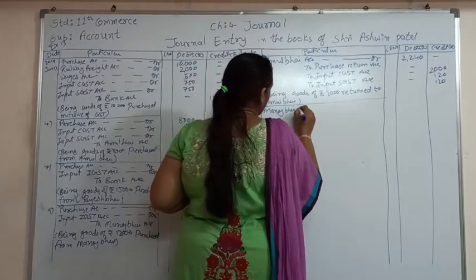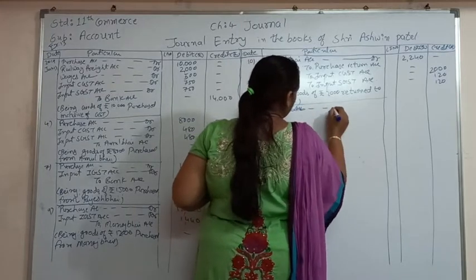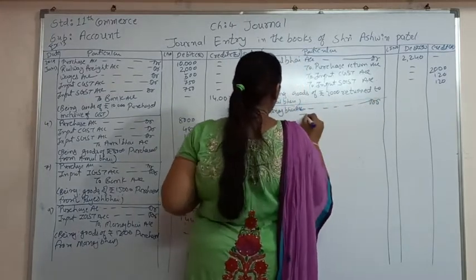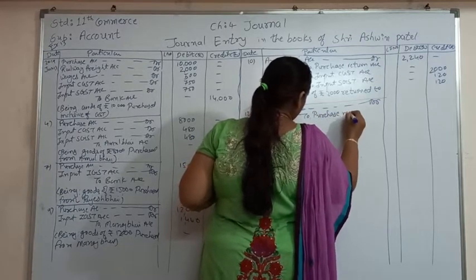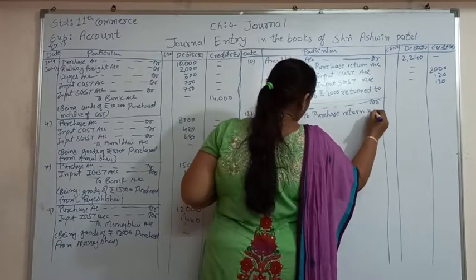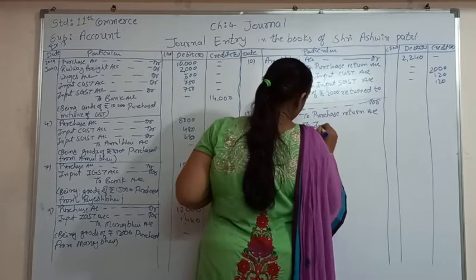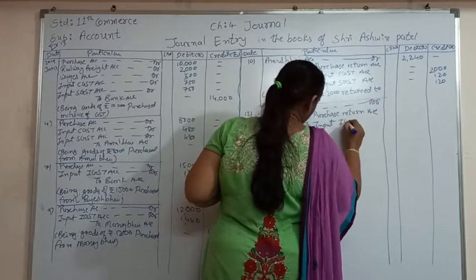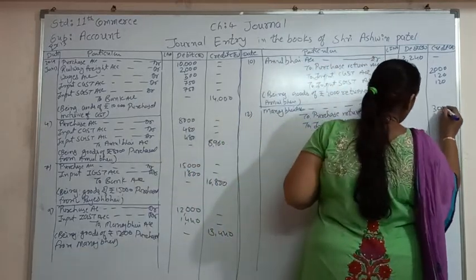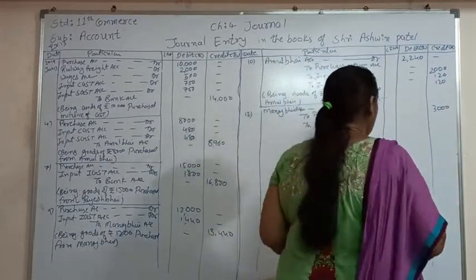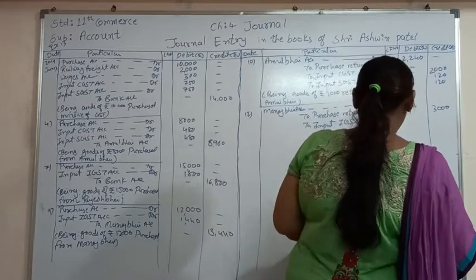Manoj Bhai account debit to purchase return account, to input IGST account. So here the goods is of rupees 3,000 and 12% of 3,000 will be 360.